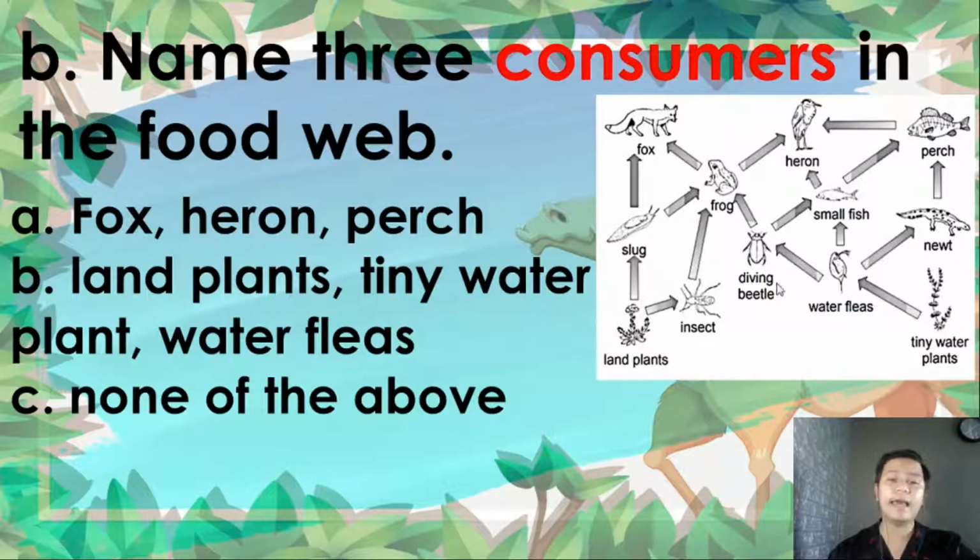B, land plant, tiny water plant, water fleas. Or C, none of the above. So what is the correct answer? Is it A, B, or C? The correct answer is letter A. Very good. Fox, heron, and perch are the three consumers in this food web.